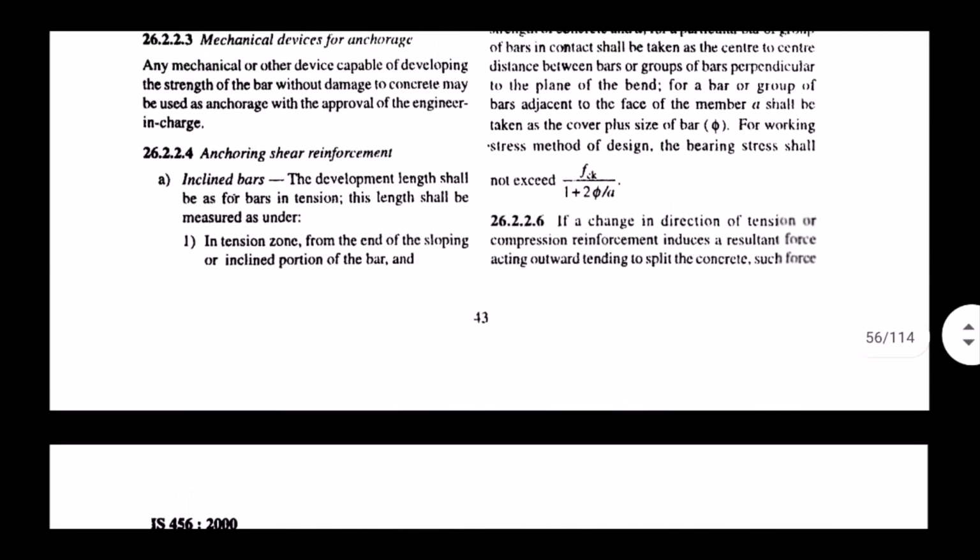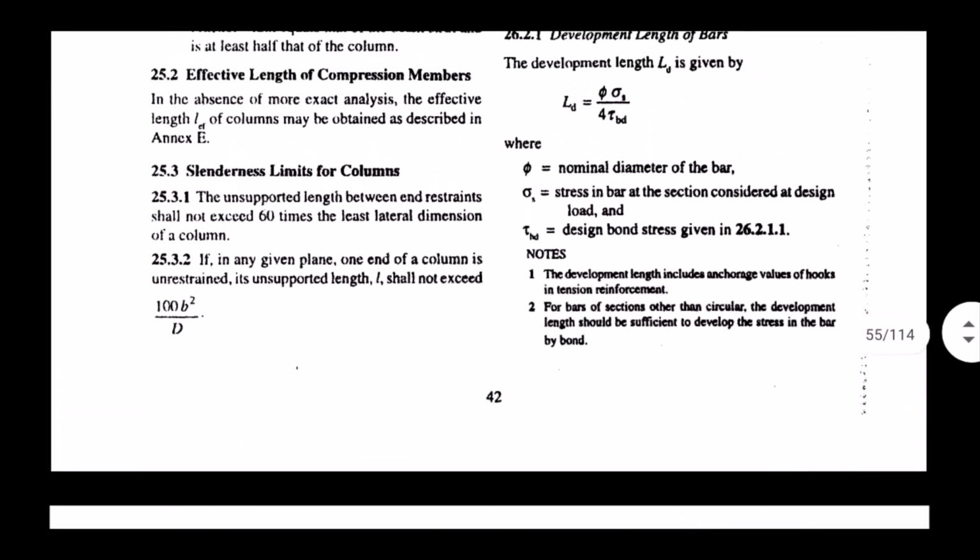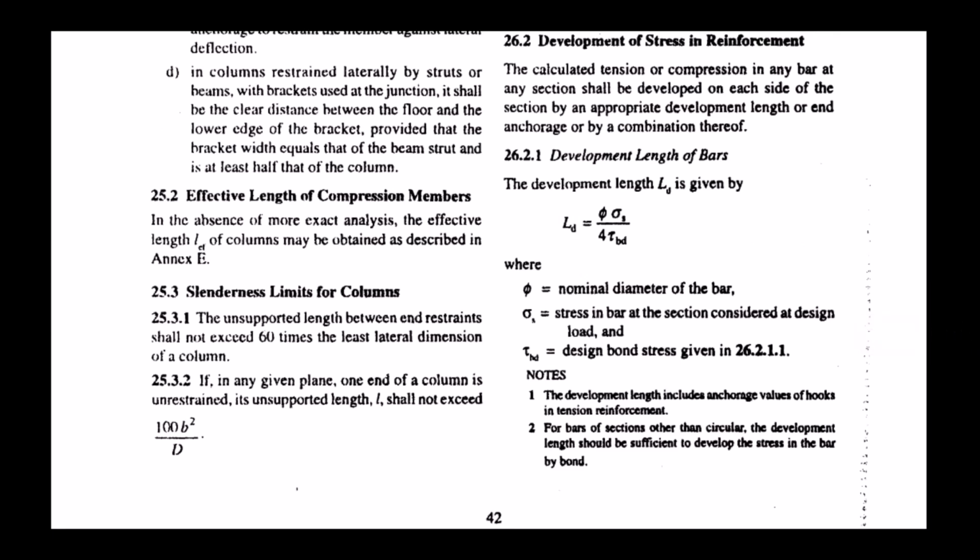So for LD, in clause number 26.2.1 is the formula for LD. We have seen the formula and detail in my previous lecture for single reinforced beam, whose link is given in the description box. You can check that there.